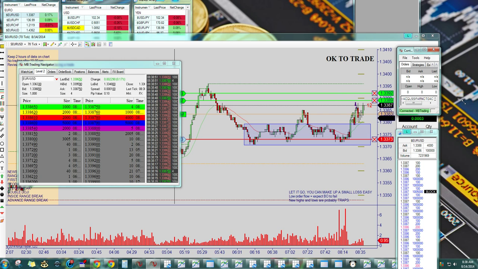Alright, we got our entry here at this level. We've already hit our first target, and we're bouncing around now trying to see if we can get up here and hit our second target.